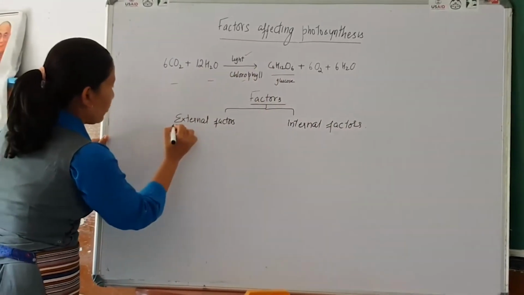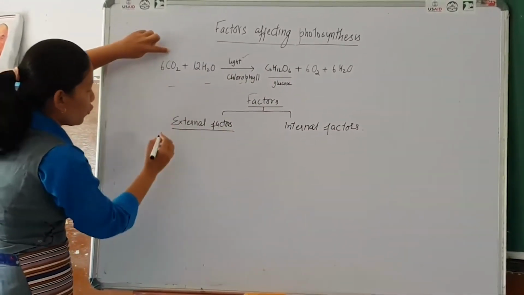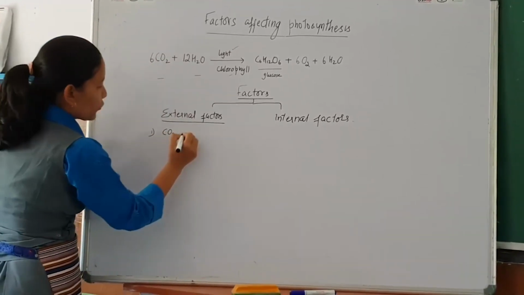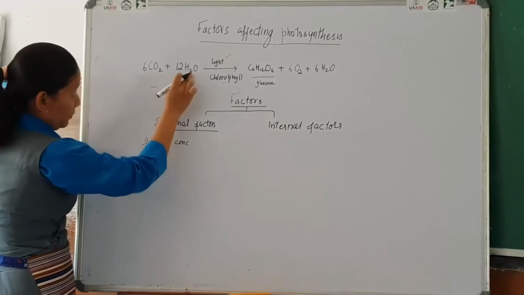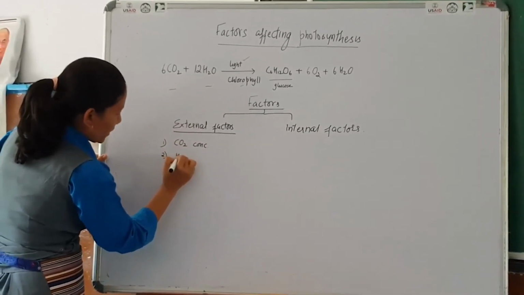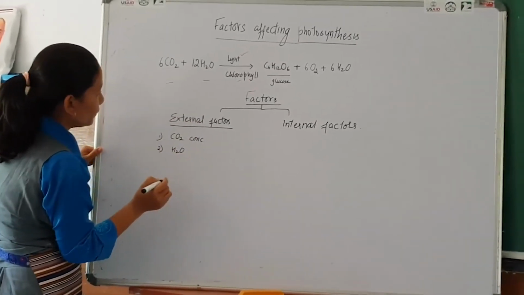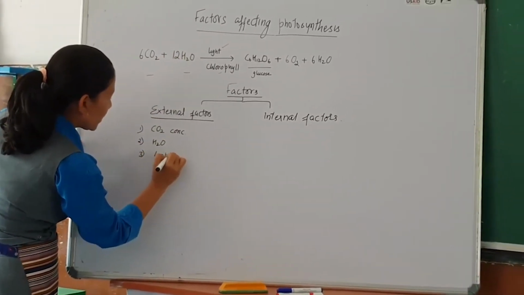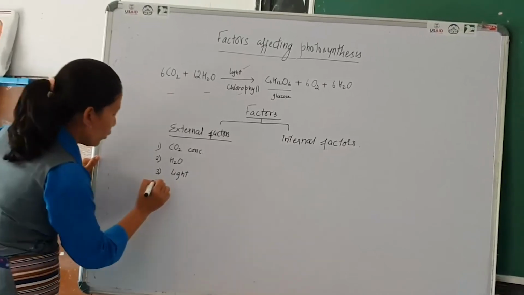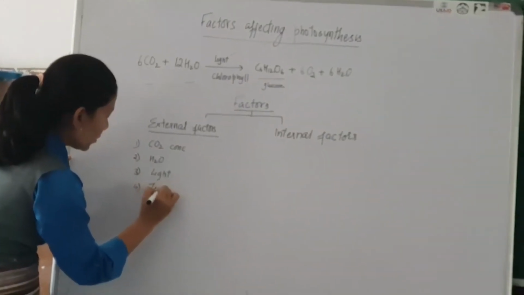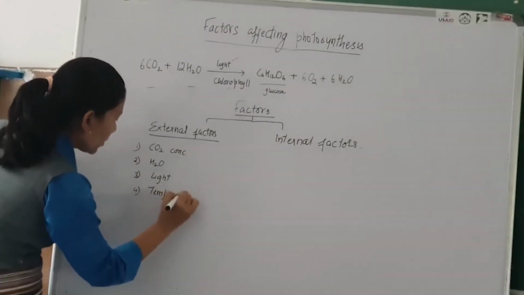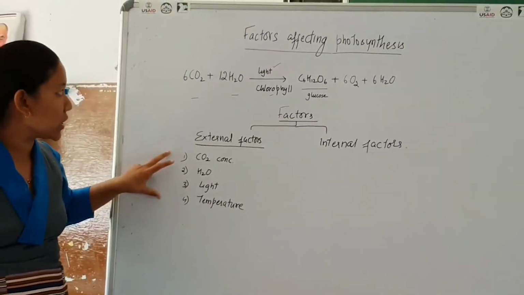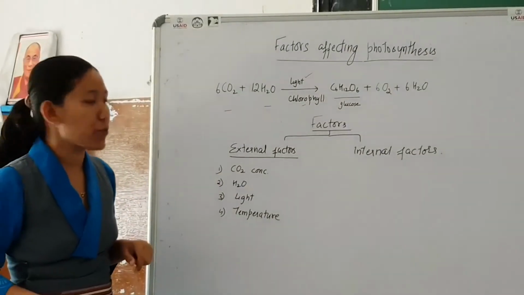So let us take some of the external factors from this equation. So the first one we find is carbon dioxide concentration. Second one is water. And third one we can find is light. And there is one more, temperature. So these are the four main external factors which affect the photosynthesis rate.